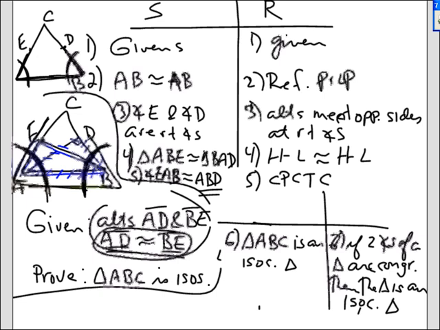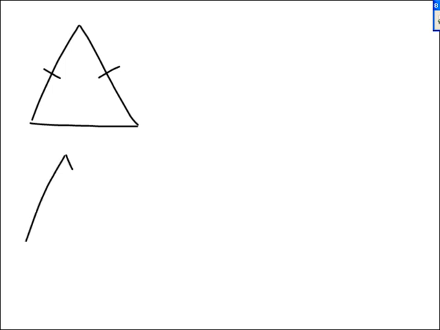I want to make another point, something that we can add to the ways of showing that a triangle is isosceles. Initially, we said that if two or more sides are equal, then it's isosceles. And then we said if you have two or more angles congruent, then it's isosceles.